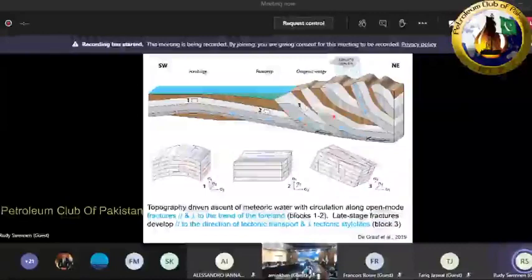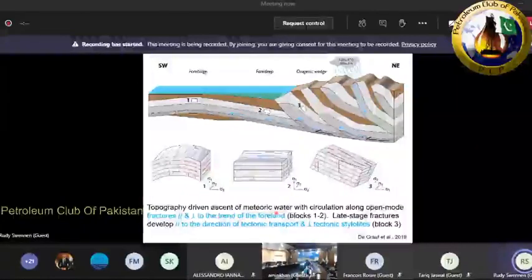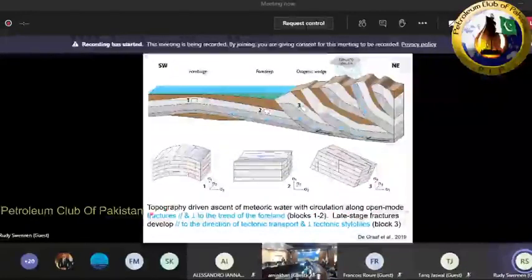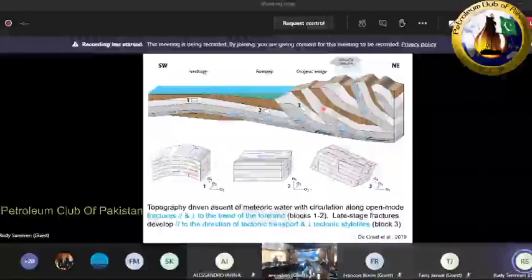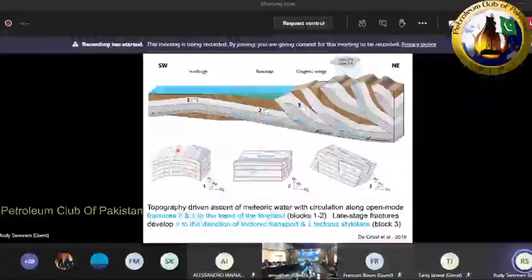So if you have a foreland fault and thrust belt, then in the first stage, we will have the topography-driven ascent of meteoric water, with circulation along open mode fractures parallel and perpendicular to the trend of the foreland.